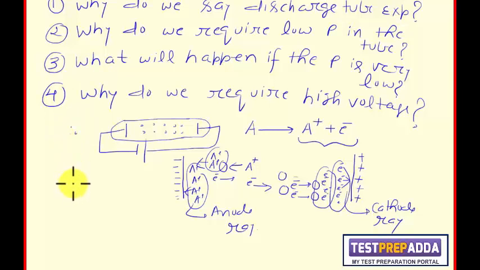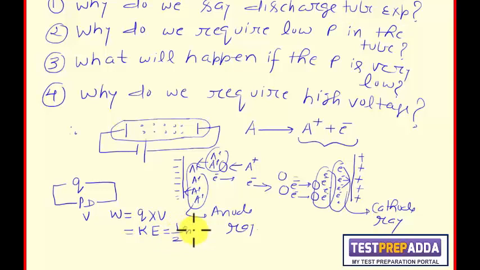If a charged particle Q is placed in a potential difference V, then the work done by the potential difference, or better I say battery, on the charged particle will be Q into V. This Q into V is converted into kinetic energy of the charged particle, which I can write as half mv square.